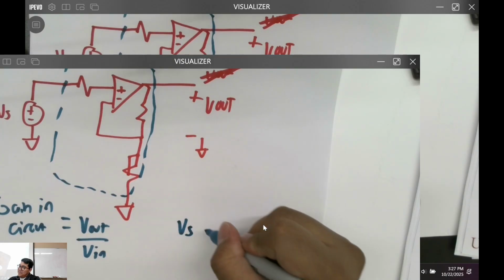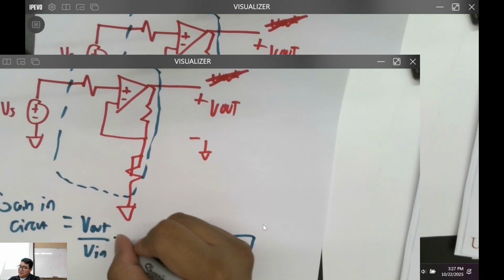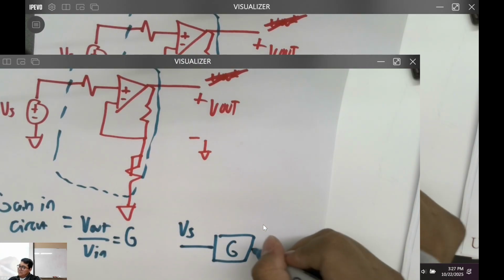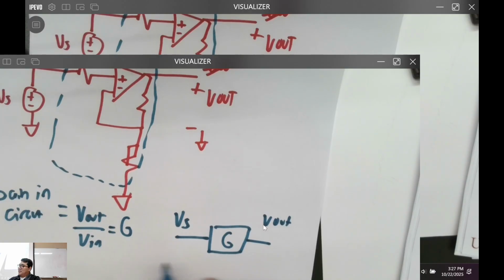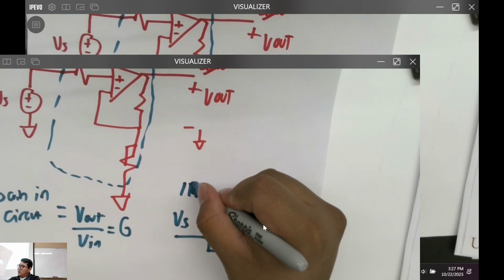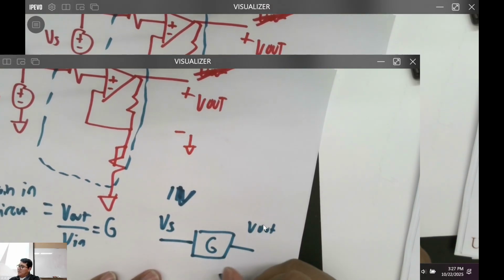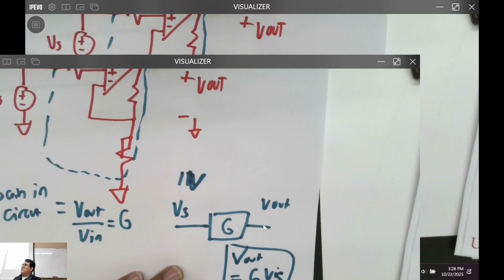Vs, and then I'm going to call this one G something, I don't know. Is that understood with everybody? Your gain is this right here, right? It's a number. And then how do you verify this in LTSpice? If you put in 1 volt, Vout is going to be multiplied by, actually, what's Vout in terms of G and Vs? Is that good with everybody?